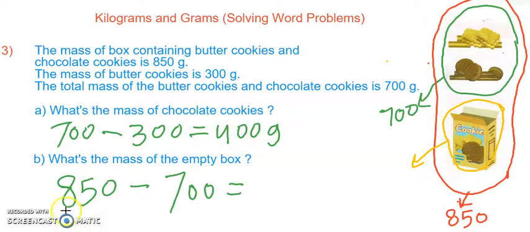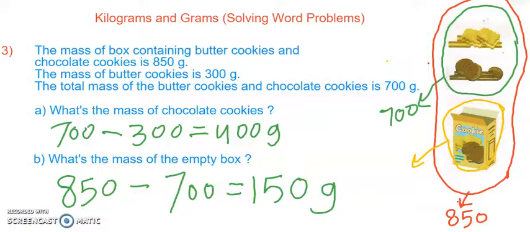This is because 850 grams is the total mass of everything. We take the cookies out from the box, which is 700 grams, right? So this means 150 grams for the box, right?